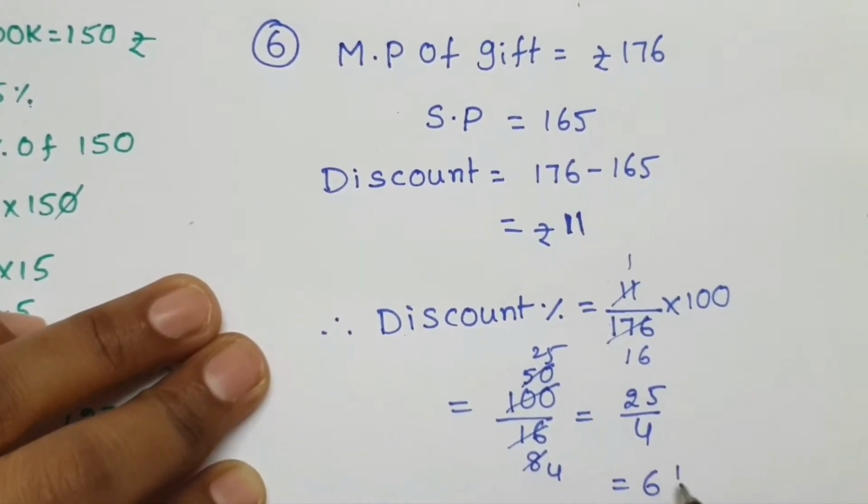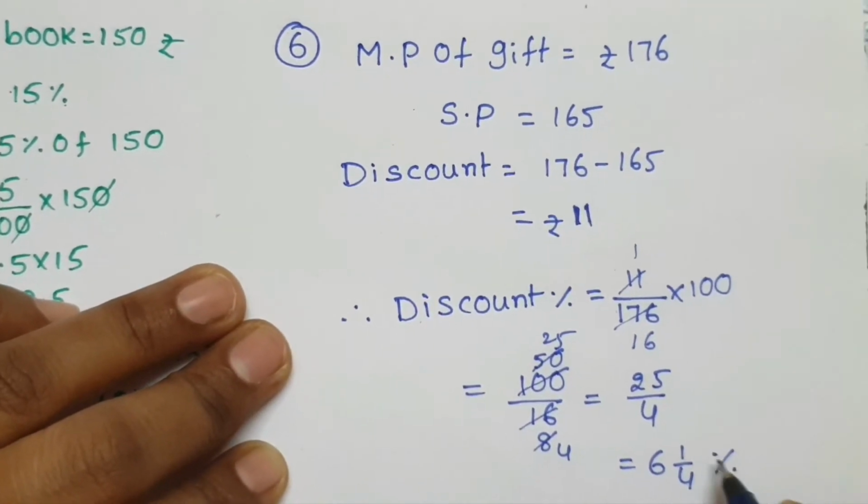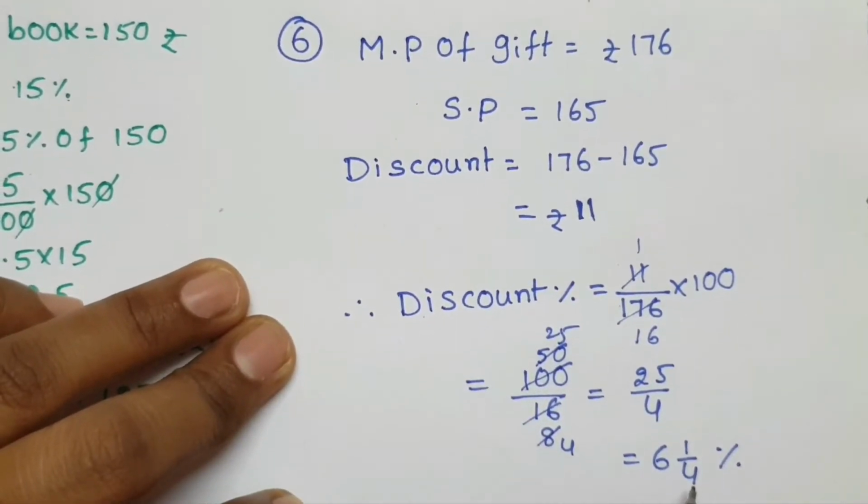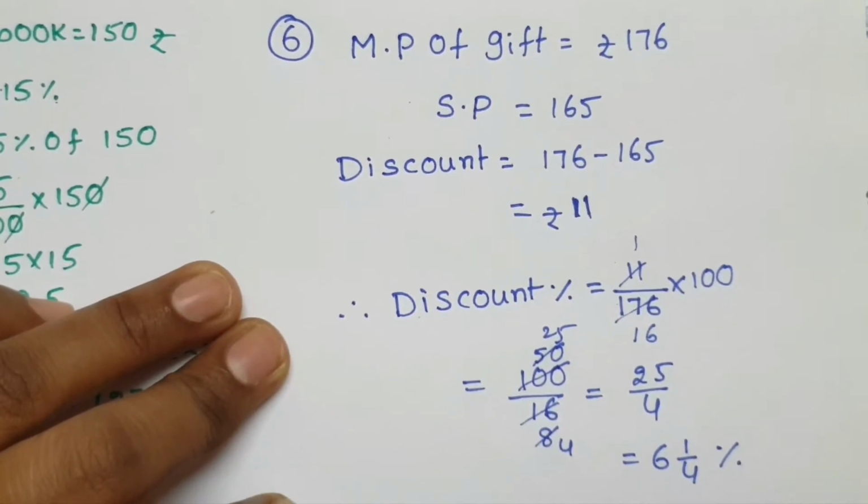We can write it as the mixed fraction 6 1 by 4. This is the discount percent. This is the answer.